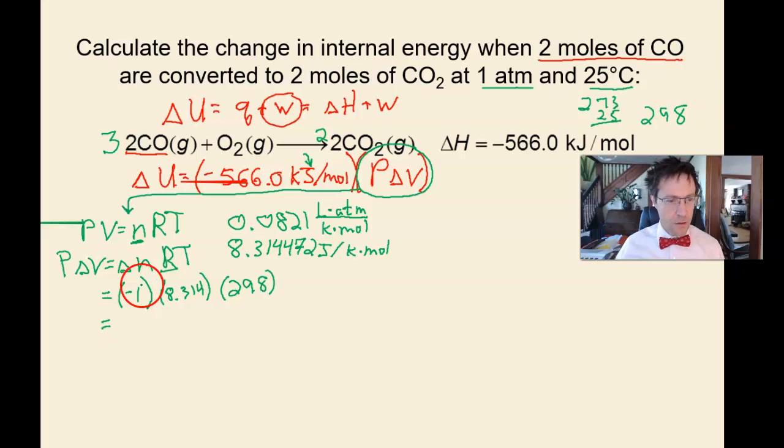I hope so. So when I'm all said and done, I'm gonna be left with joules, right? Because I chose this gas constant, which is joules per Kelvin mole. This is 1 mole. This is Kelvin. The Kelvin and the mole cancel out.